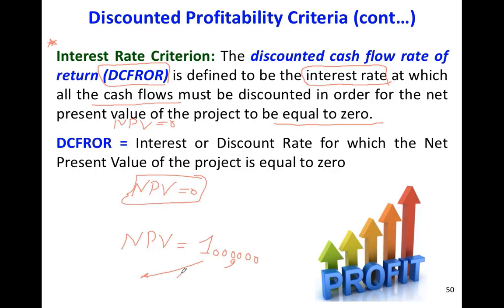If my project life was 10 years, which interest rate in percent do I have to reduce from this value in 10 years to reach 0? That will be your DCFROR, the interest rate that we have to reduce from the net present value in the period of the project to reach a net present value of 0.